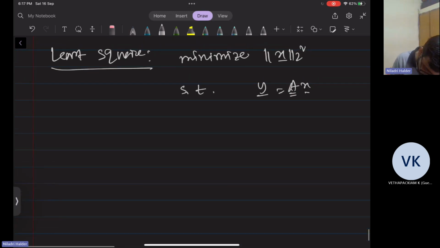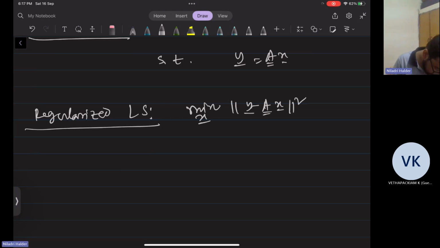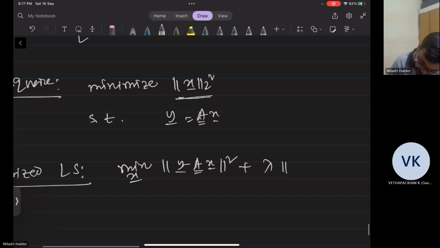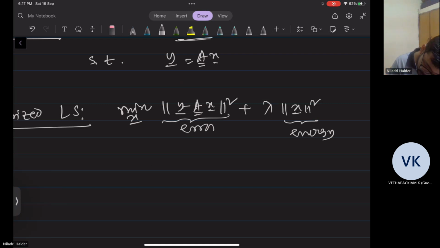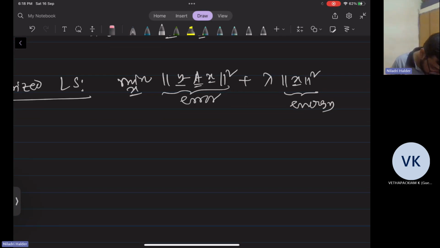So again, for the regularized least square, the problem is minimizing the distance, y minus Ax square, plus one more term. This term is the power. So this is the energy and this is the error. So this is the problem, and the solution he has mentioned.